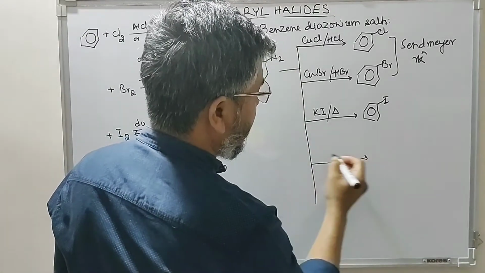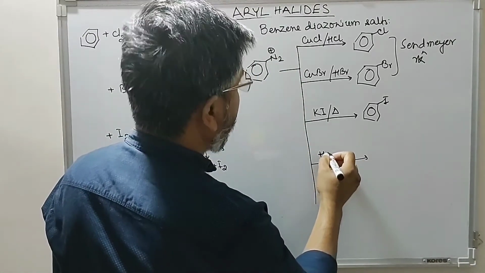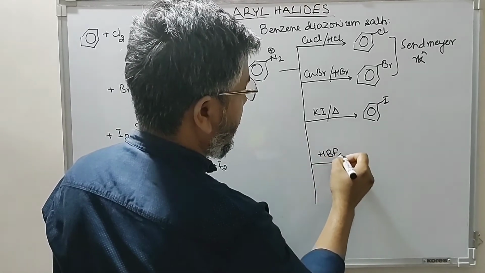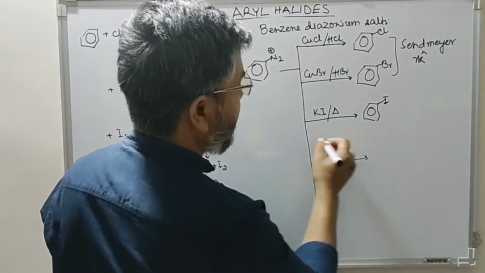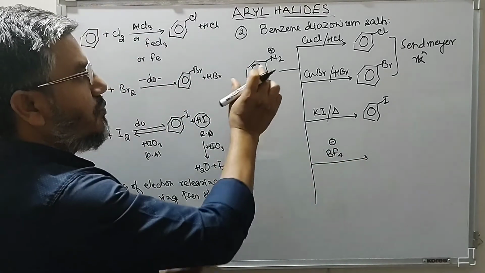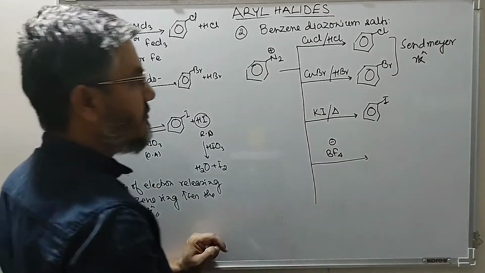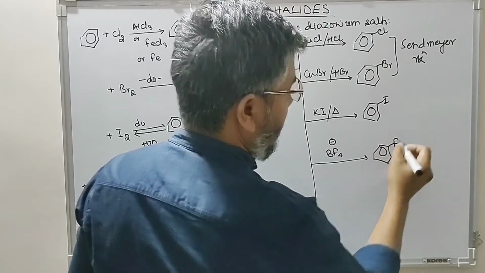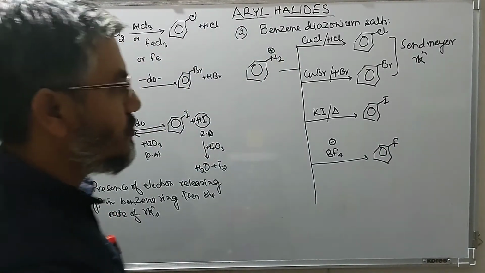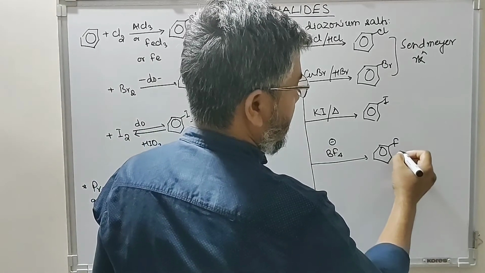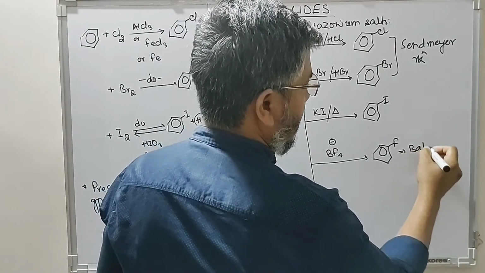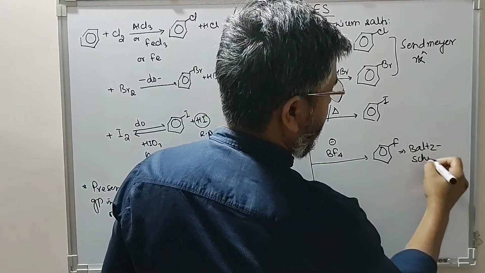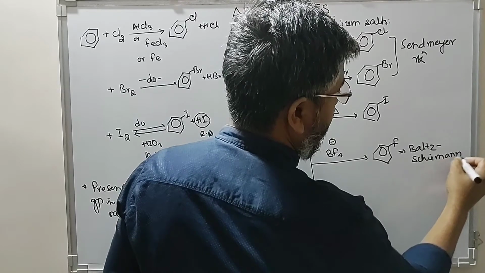When this is heated with HBF4, or simply we say BF4 minus, heating of benzene diazonium salt with BF4 minus, we get fluorine substituted benzene. So the last reaction is known as Balz-Schiemann reaction.